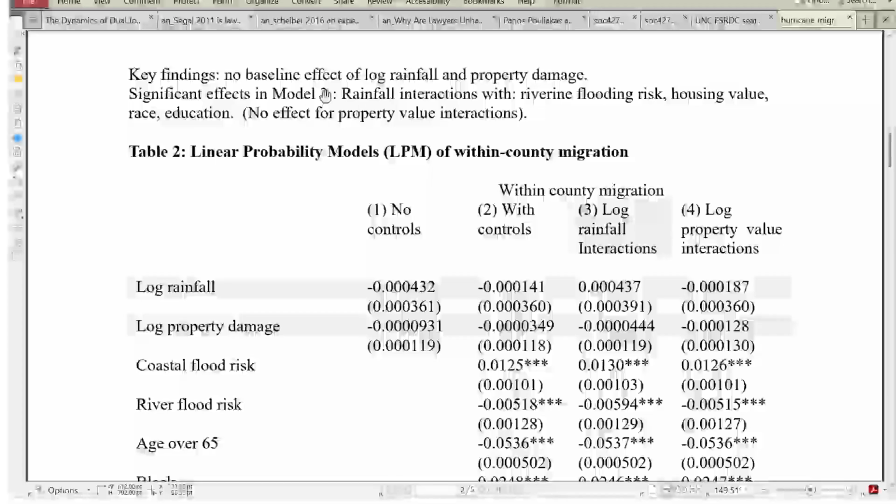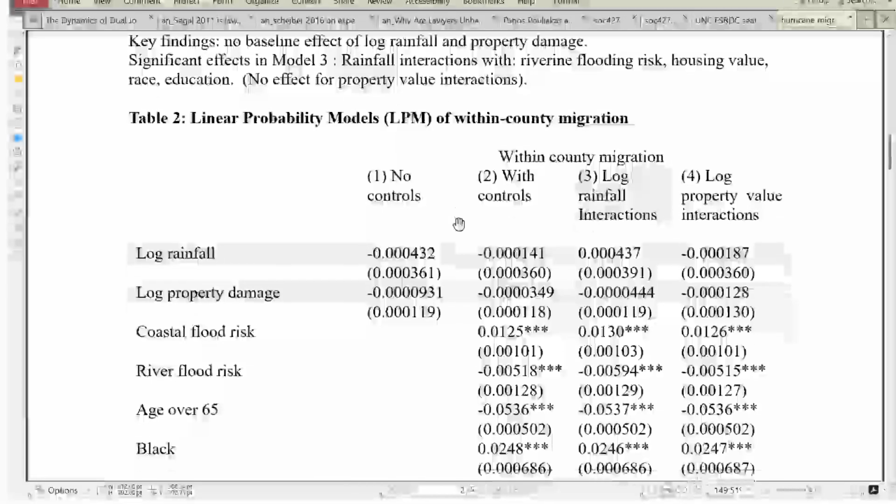But there are substantial significant effects in model 3. So interactions with the degree of rainfall that fell on the county, and whether you were at risk for riverine flooding, as they call it, and then significant interactions with housing values. So more rainfall and a higher housing value in the tract predicted within county migration.